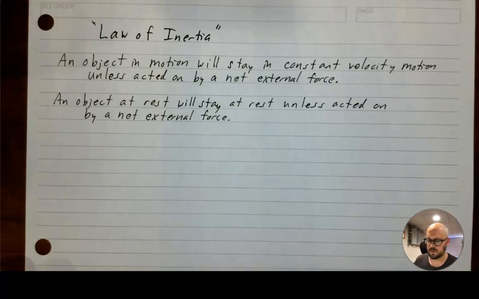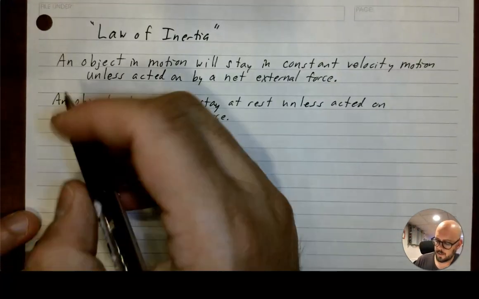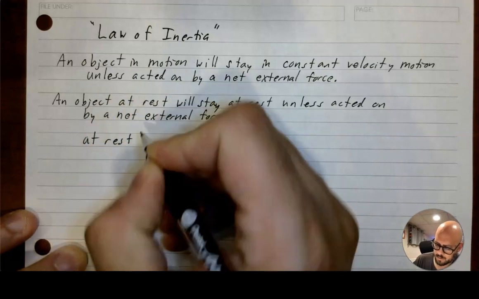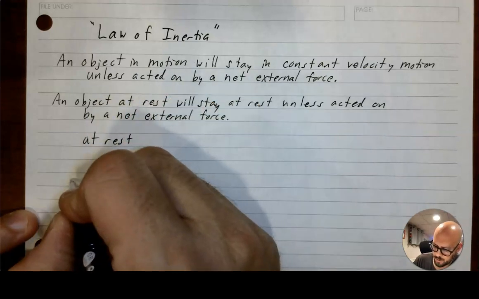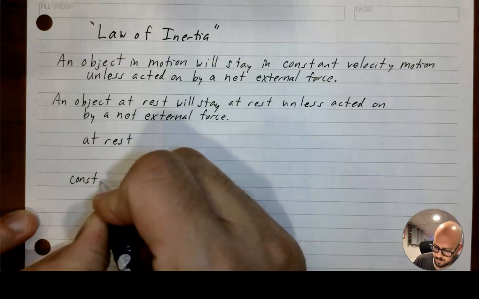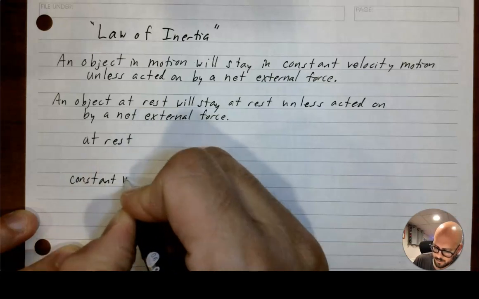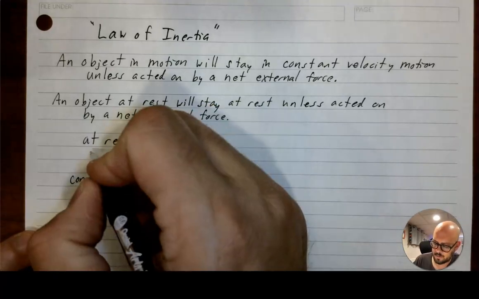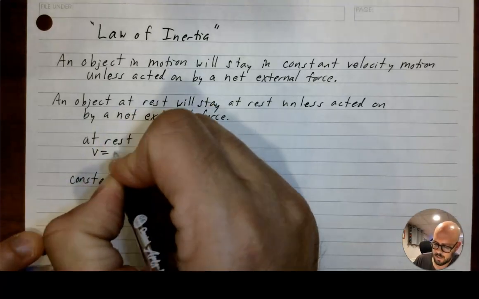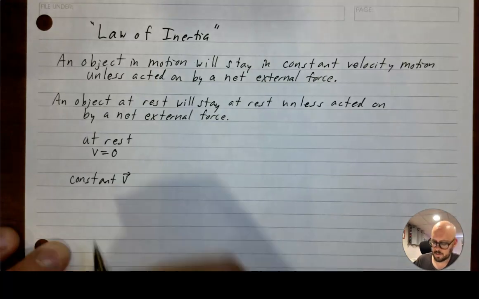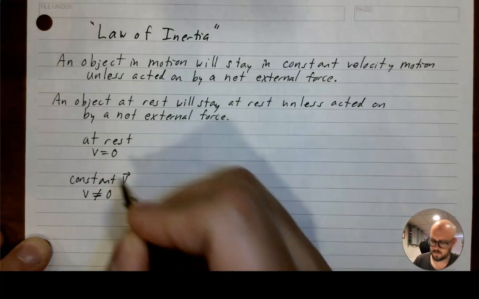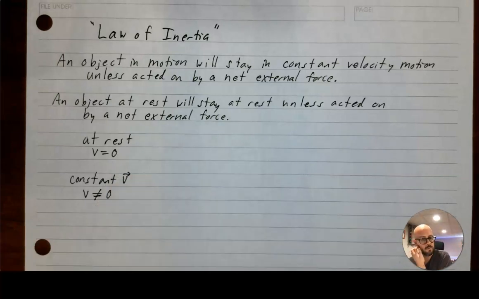So I'm going to just draw a little chart now. At rest is where we start, and then also constant velocity. Okay, so at rest is velocity equals 0. Constant velocity is not 0, although you can be at rest and have constant velocity.